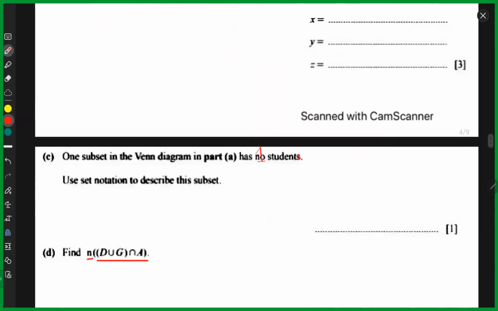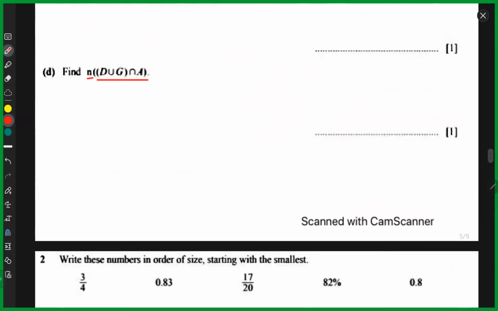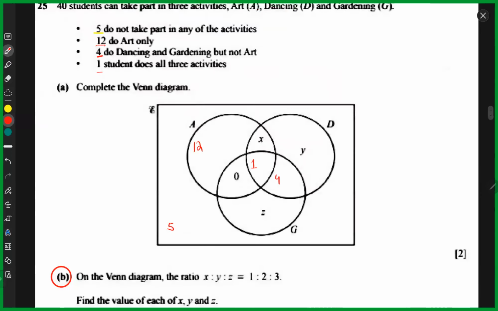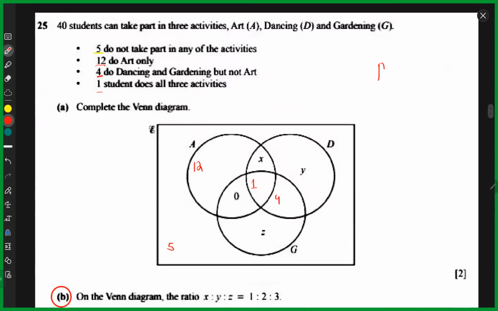And it was D union G intersection A. So the question was about finding the number of elements in this set. We would be in a position to find out the number of elements in this set. But before that, we need to see what part exactly they are talking about when they say this set.